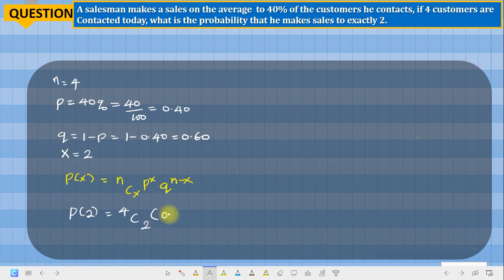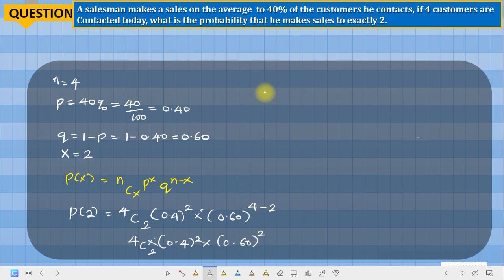Our p is 0.4 raised to the power of, what is our x? 2, times our q, which is 0.60 raised to the power of our n, 4 minus 2. Now we know that this becomes 4 combination 2 times 0.4 squared times 0.60 raised to 4 minus 2, which is 2.